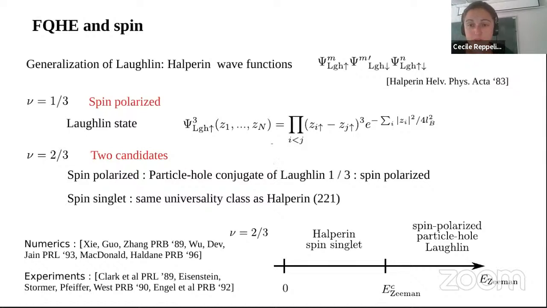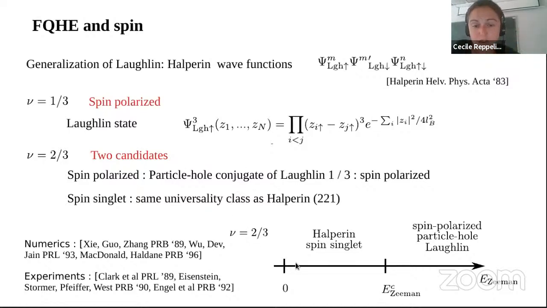And in terms of, so those are wave functions. And when you play with Hamiltonians and energetics and you ask which one is the ground state, the answer is it depends. And it depends on the Zeeman field. So in fractional quantum Hall experiments, you have a strong magnetic field, but depending on the g factor of your material, you may have a smaller or larger Zeeman energy associated to your system.